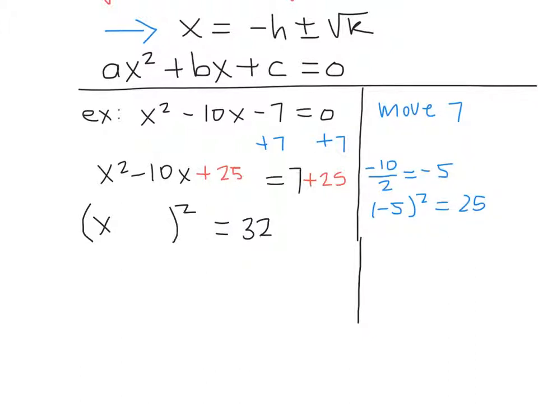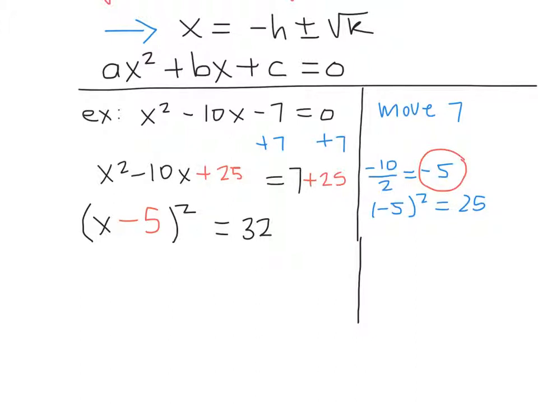And we can now add something to that x. What we add to that x is this number that we got when we divided b by 2. So it's a negative 5. So plus a negative 5, or just minus 5. And that gets us to the goal of completing the square.